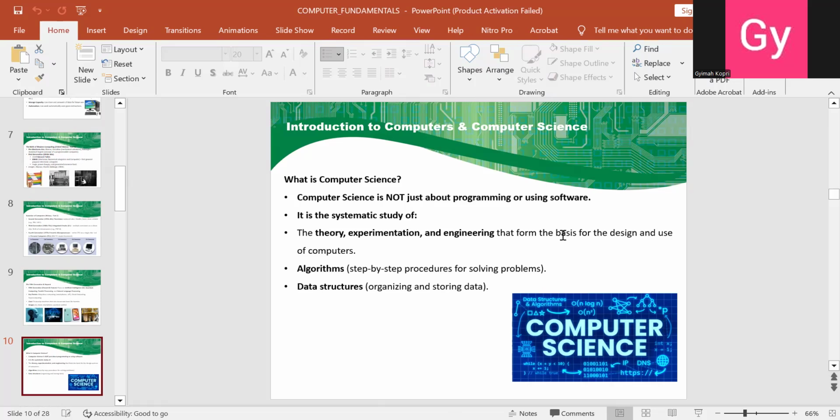Then we talk of data structure. The data that we are feeding onto the computer, we organize it very well. Let me use human beings for instance. If you have a child in the house and you want to feed something to the child, it's not any time that you give the child anything. If you are feeding the child with food and you see the child is choking, I don't think you add the food again.